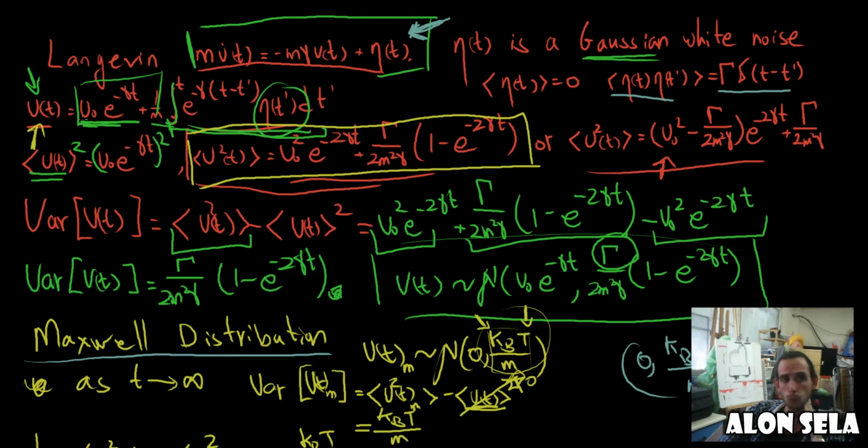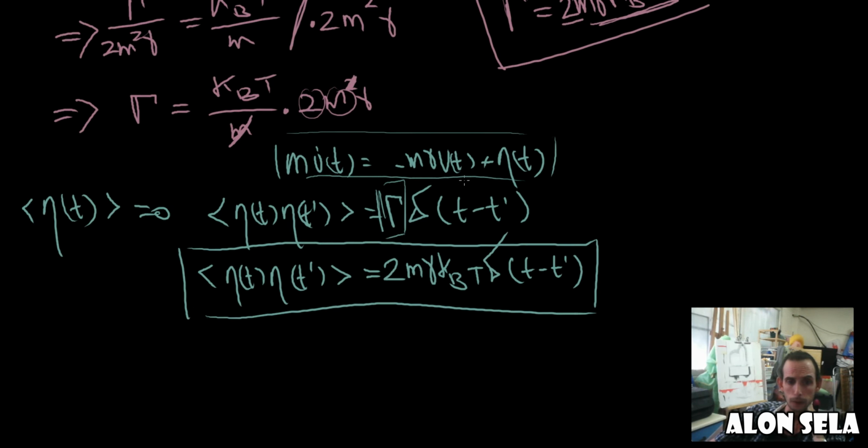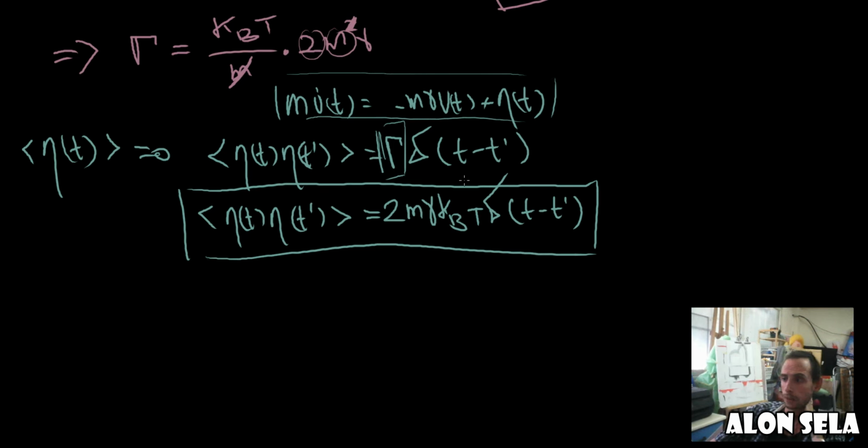We saw the solution for the stochastic differential equation, which is v at time t equal to this expression. We saw the expectation for the velocity and the variance for the velocity, even though we didn't write it specifically. Actually, now will be a good time to write it.